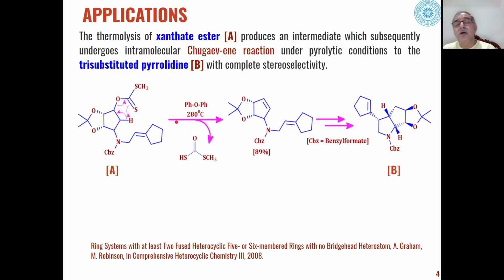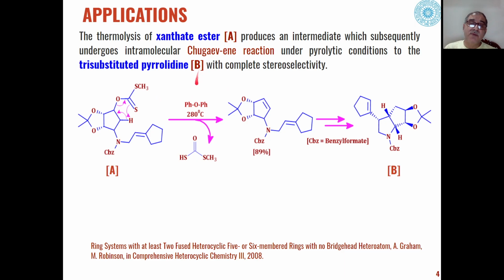Then some of the applications of this reaction: for example, when these types of optically active xanthate esters are reacted at 280 degrees centigrade in presence of diphenyl ether, then these will undergo Chugaev reaction by elimination of beta hydrogen from this xanthate ester in a six-membered cyclic transition state, which will ultimately form a carbon-carbon bond at this place, and we will get alkenes as the product.